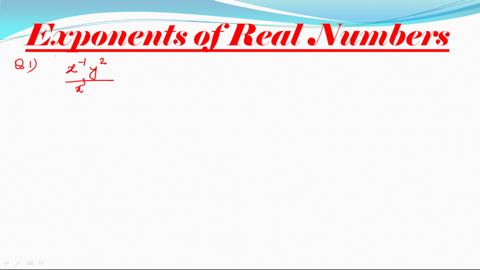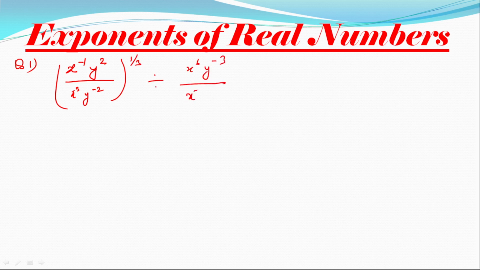Let me write it properly. x to the power 3 and y to the power minus 2, in bracket, it will be 1 by 3, divided by x to the power 6, y to the power minus 3 divided by x to the power minus 2, y to the power 3, in bracket 1 by 2, is equal to x to the power a, y to the power b.